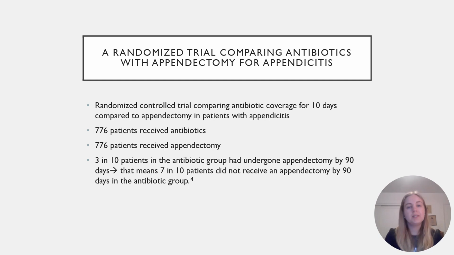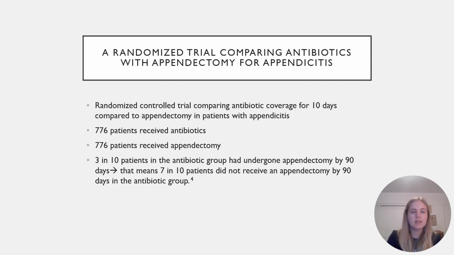This is a randomized control trial comparing antibiotics with appendectomy for appendicitis. It's a randomized control trial for antibiotic coverage for about 10 days compared to appendectomy in patients with appendicitis. In this article, about 776 patients received antibiotics and 776 patients received appendectomy, and in the end, the conclusion was that about 3 in 10 patients in the antibiotic group had undergone appendectomy by 90 days.